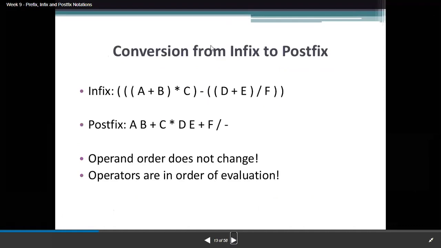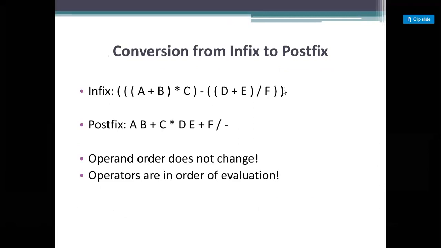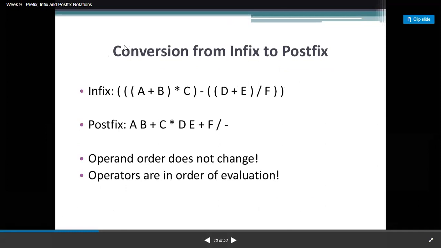Now, why are we talking about this fully parenthesized expression? You will see in this slide. Whenever you write an expression, we have seen what is infix, postfix, and prefix. Now, if you want to convert from infix to postfix, let's assume this is an expression you have in infix.